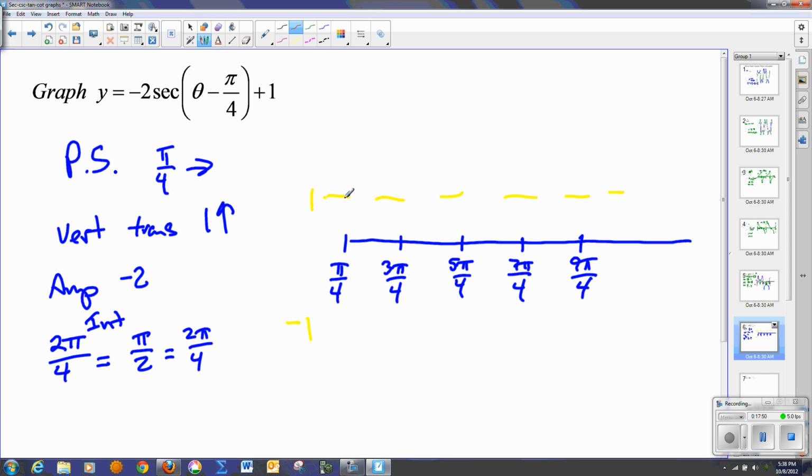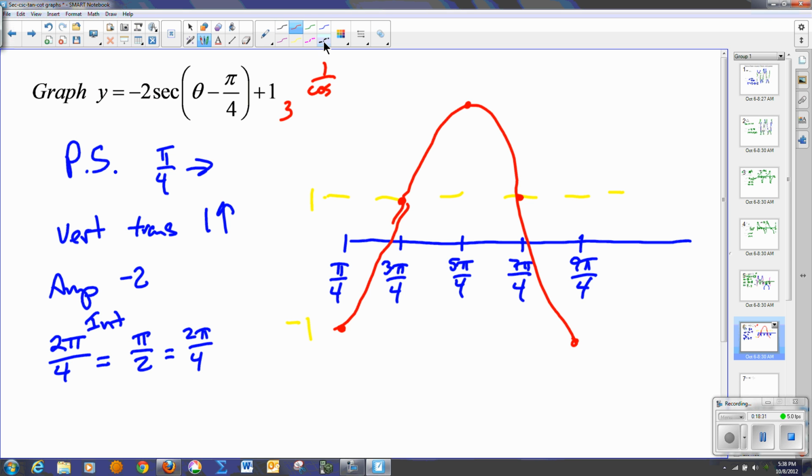However, instead of starting at a cosine of 2 up, I'd start at a cosine of 2 down. 2 down puts me at negative 1. Then I go back to my midline. Up 2 from there puts me at 3. Back to the midline and back down. This would be my cosine graph. However, I'm not trying to graph cosine, I'm trying to graph secant.